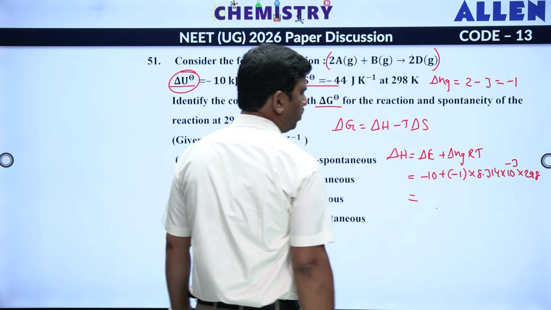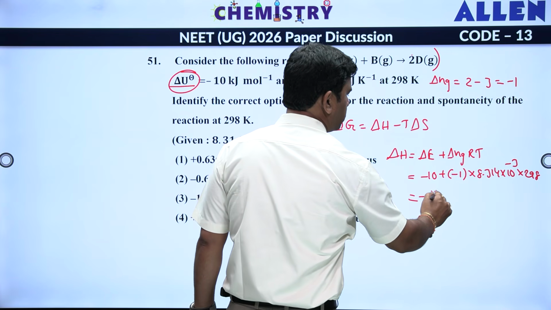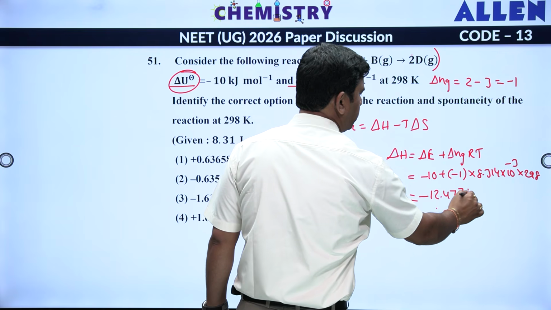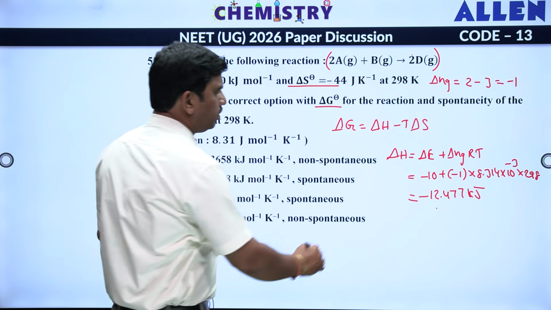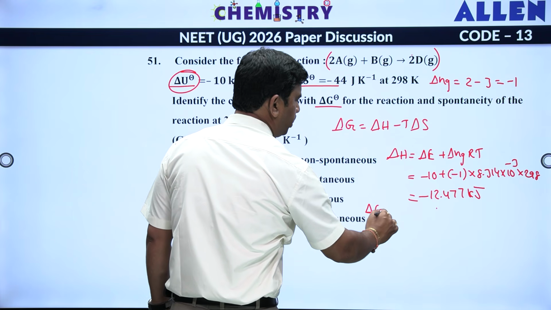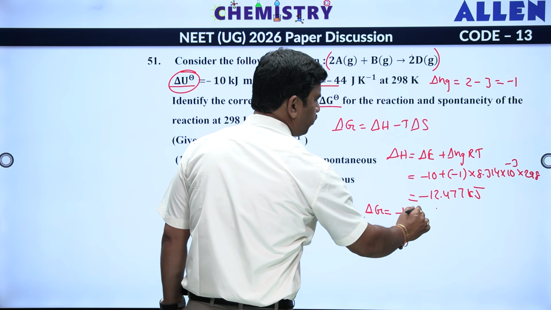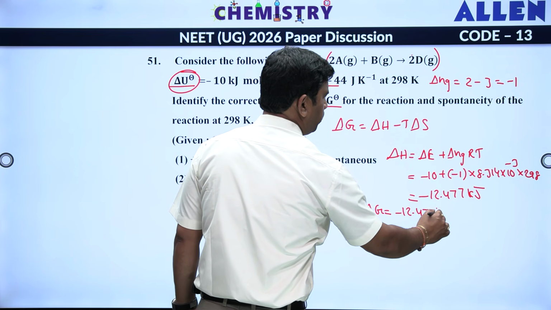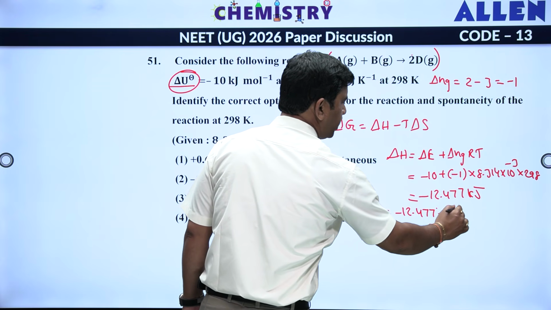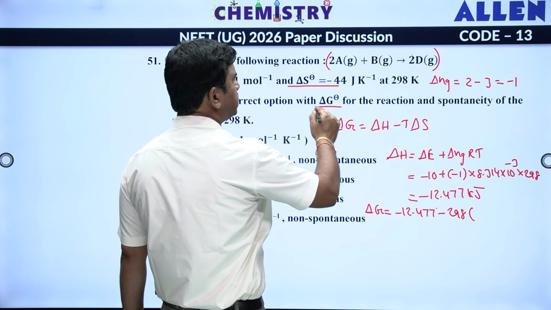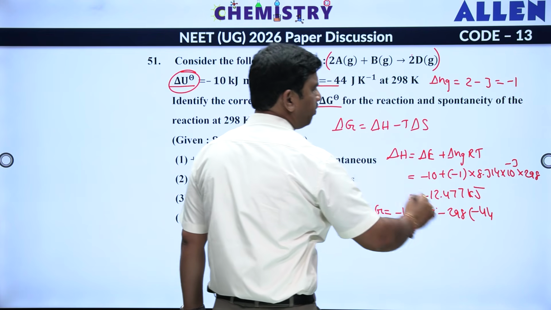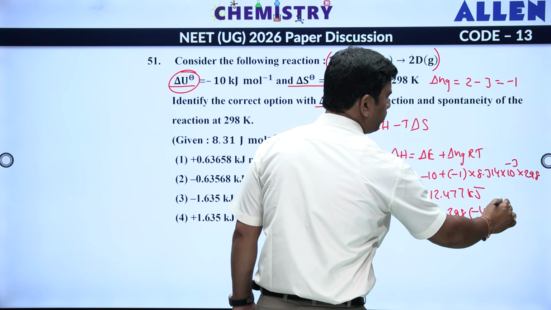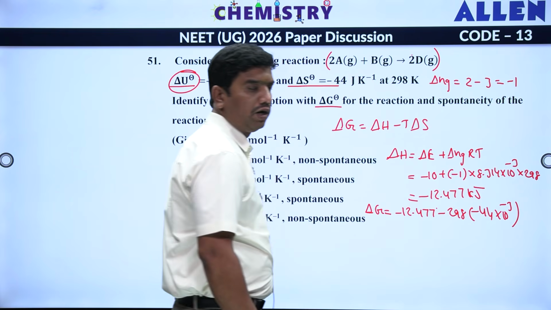So the total value is minus 12.477 kilojoules, which you get as delta H. Now delta G equals minus 12.477 minus temperature 298, and delta S is given as minus 44 joules, so into 10 power minus 3, then only it is in kilojoules.